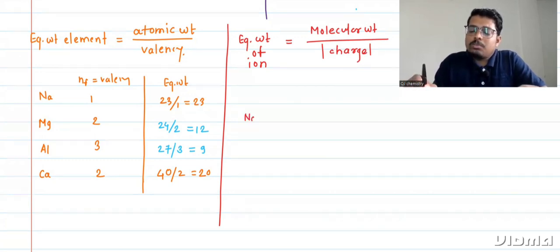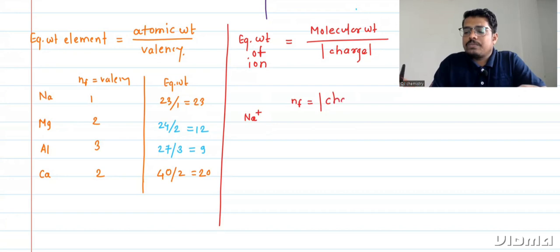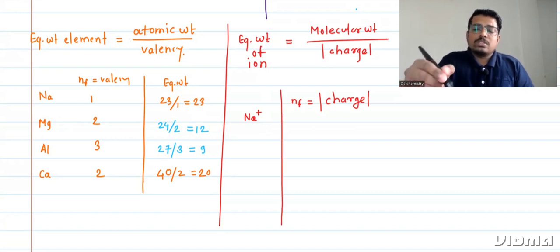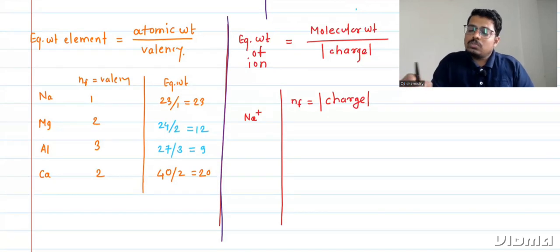For example, Na plus. If Na plus is given, then what is the n factor? N factor is equal to charge, right? Only one charge is there, so taking the magnitude, n factor is 1.